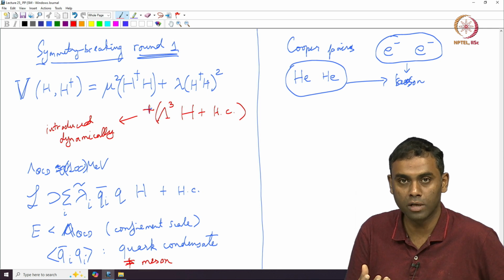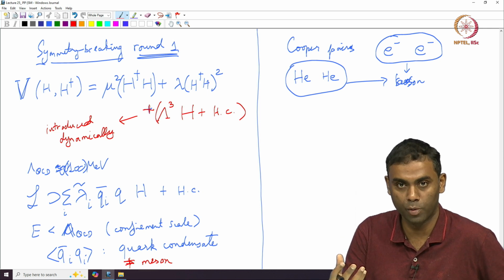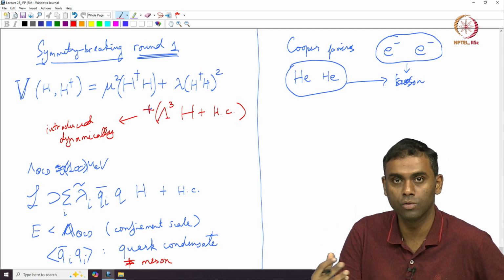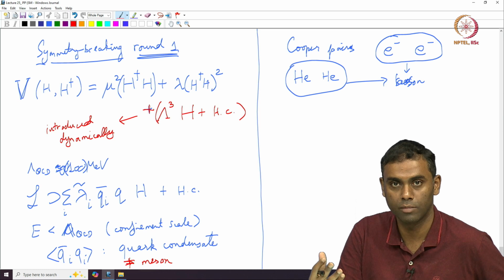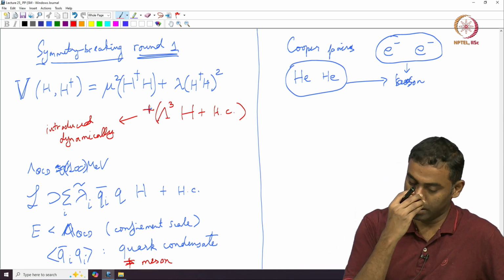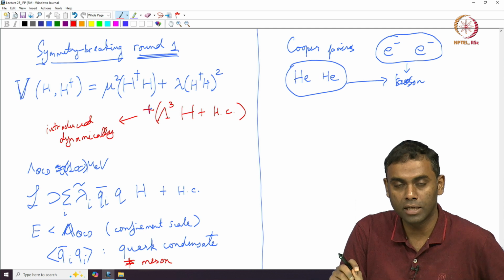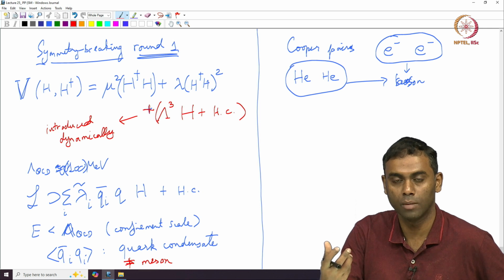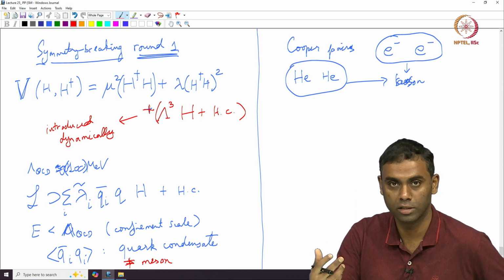Literally these form something very much like a Cooper pair, and that is in fact basically a stepping stone to forming confinement, actually giving confinement, okay. So, this is basically something that you get as a phase of QCD, okay, a phase of matter where quarks form something like a Cooper pair, and that is called a quark condensate.